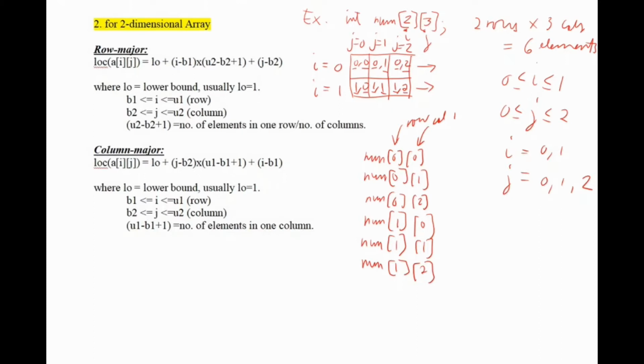For two-dimensional arrays, we could order the elements in 2 ways. When you order the elements row-wise, we call that row major order. The second way is column-wise, and we call that column major.